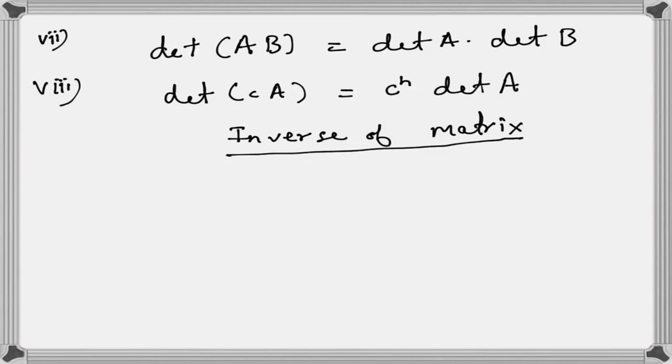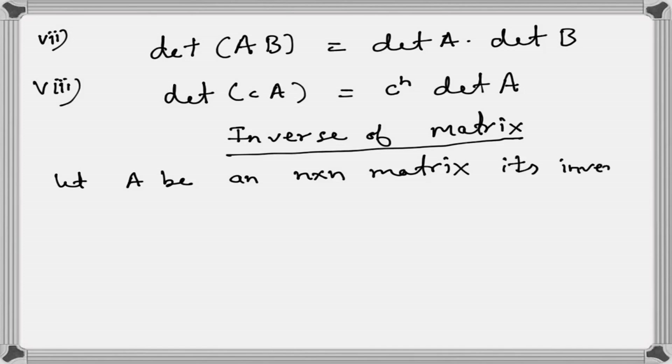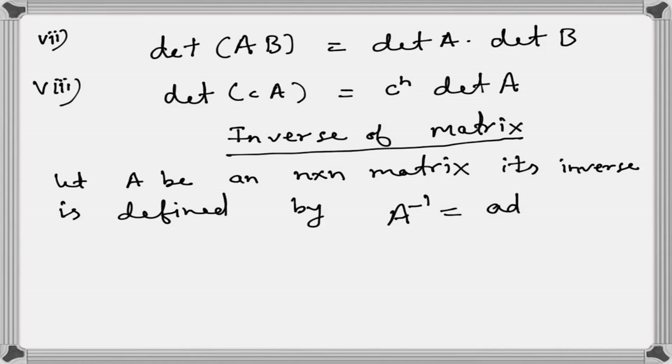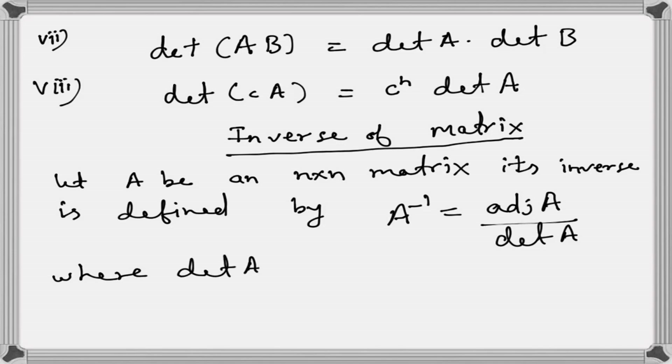Let A be an n cross n matrix, then the inverse is defined by A inverse is equal to adjoint of A divided by determinant of A, where determinant of A is non-zero.